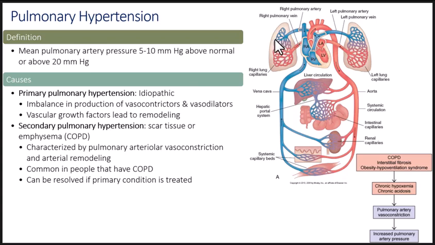So if we have scar tissue, let's say here, if this right ventricle pumps blood into the pulmonary artery, and then it gets to smaller arteries, and eventually the blood will reach the alveoli, which oxygenate it. But if there's scar tissue here, it's going to have a more difficult time reaching it.